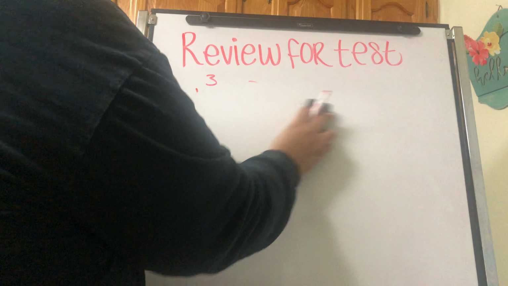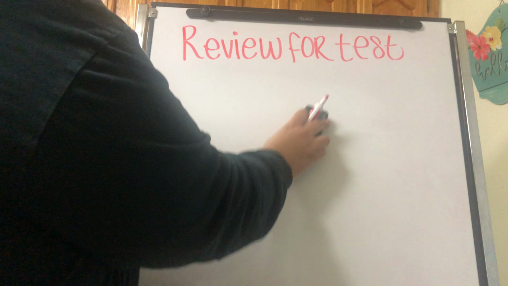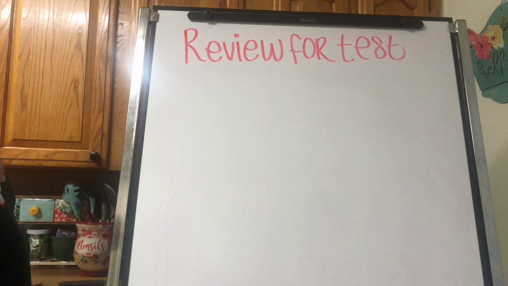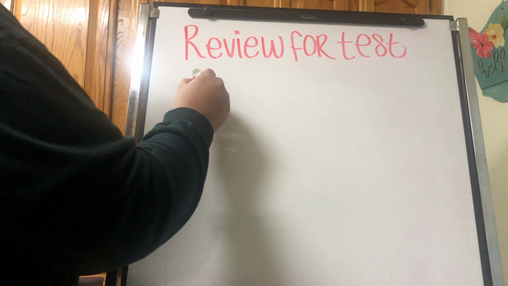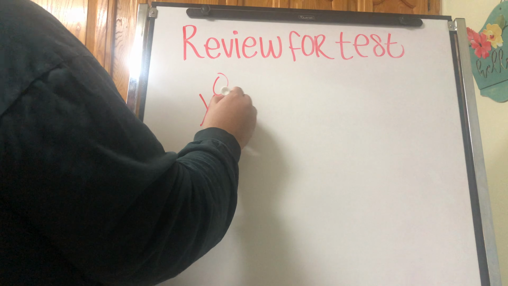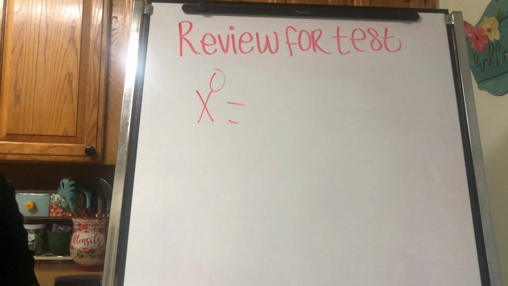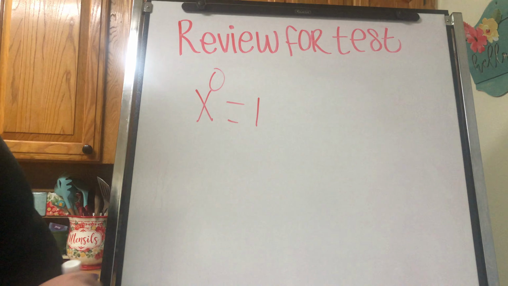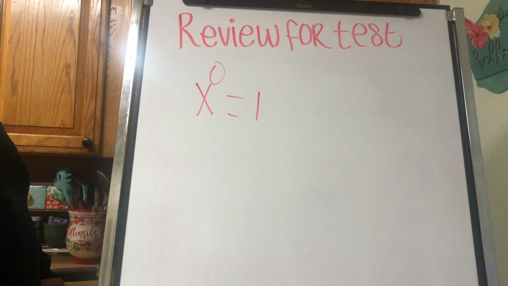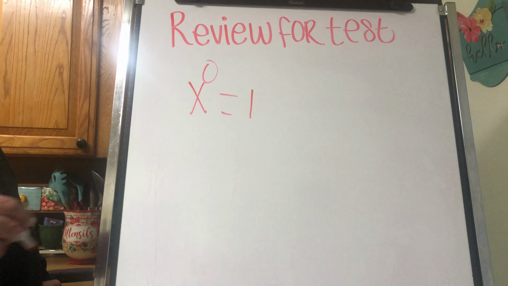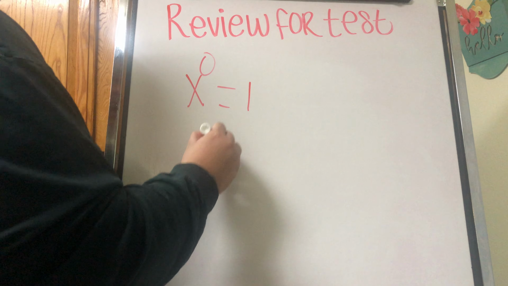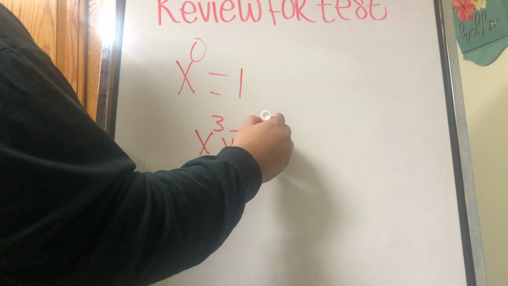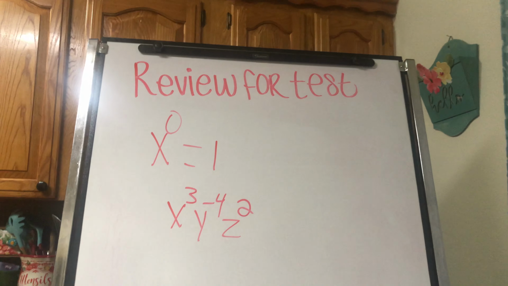Let's say we have, what can we start off with? Let's say the common one, the one that I feel that you guys must have forgotten. Anything that is to the 0 power is always 1. Next one, can you have negative exponents?